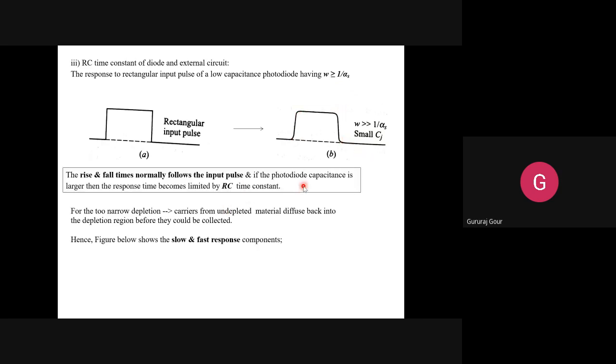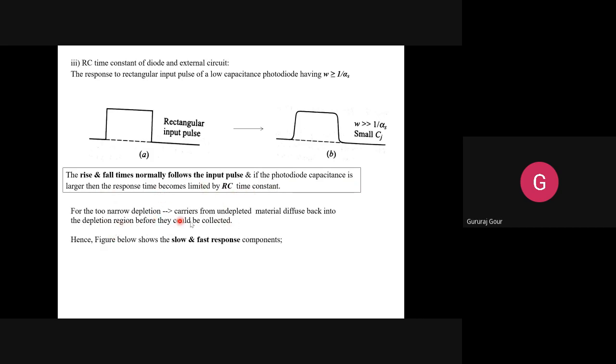The rise and fall times normally follow the input pulse. If the photodiode capacitance is small, as it is here, we get this output following the input. That is good. But what if the photodiode capacitance is larger, and so is the RC time constant?